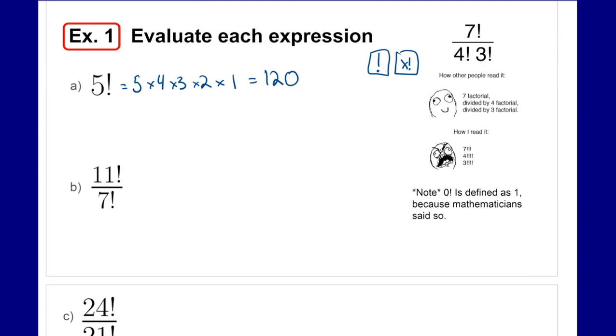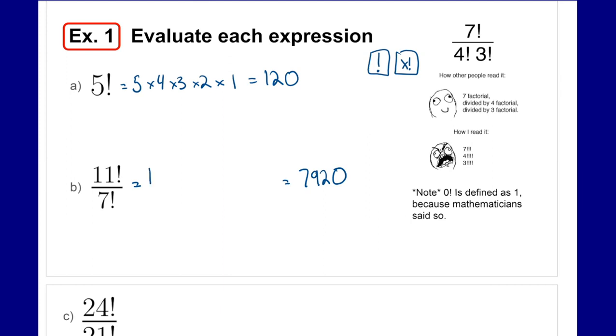11 factorial divided by 7 factorial. Now you could use your calculator and you would get an answer of 7,920. I'm going to show you a different way to calculate it, because depending on the factorial, our calculator may not even be able to calculate it at all.